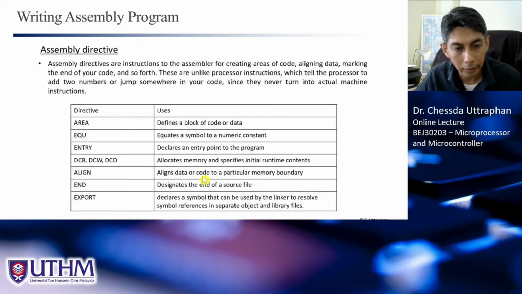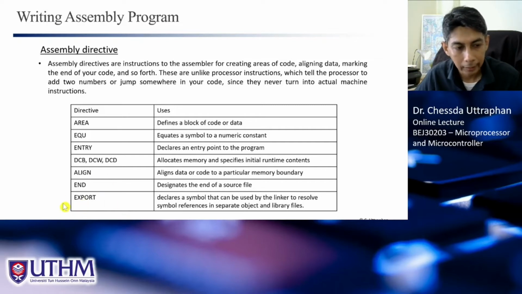ALIGN aligns data or code to a particular memory boundary. This is very important also when you write the assembly program, because if you don't have it, you will have an error when you compile your program. END tells the compiler that this is the end of your program, the end of the line. After this it is not the program anymore.